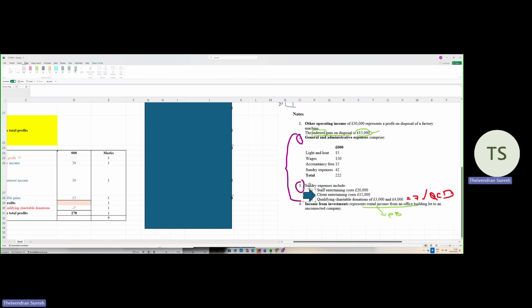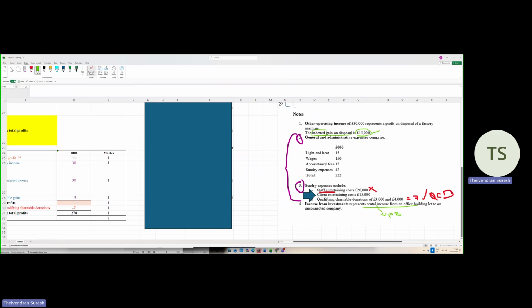Now you need to know these are tax rules. We know staff entertainment cost is not allowed, so you can't deduct this. But client entertainment, sorry, it's the other way around. For staff entertainment, you can entertain your staff.